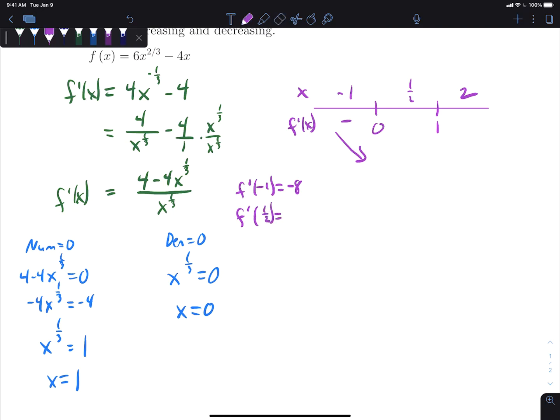But the point is that it's positive. In other words, it's going up from left to right. Now at 2, f prime of 2 is going to give me negative 0.825. Which of course is negative, which means it's going down from left to right. Wonderful.